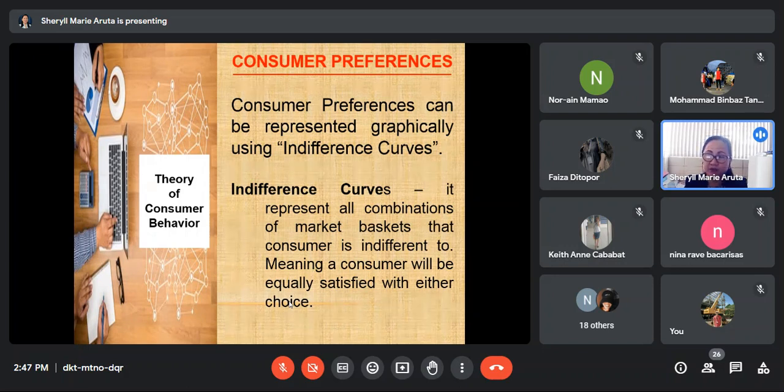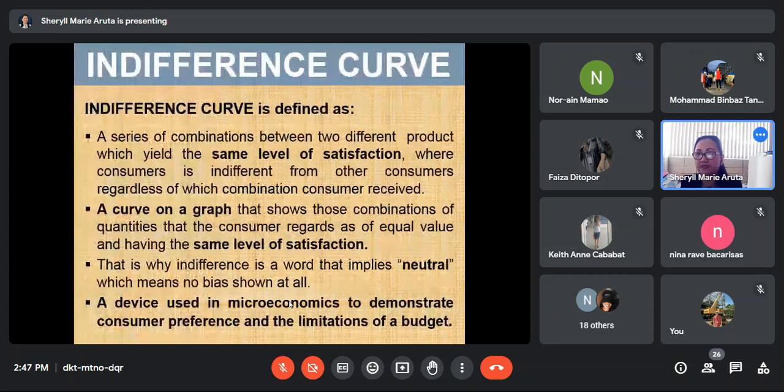Meaning, a consumer will be equally satisfied with either choices. So, kung mopili ka ni product A over product B over product C, so katutanan ang imuhang napilian, they have equal satisfaction. However, it will be based on your choice.